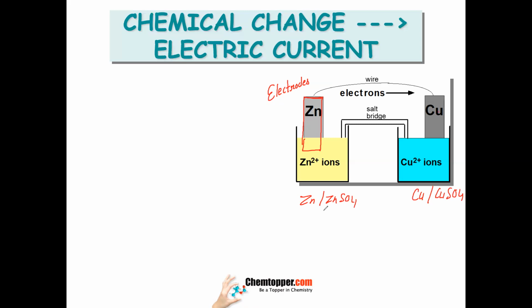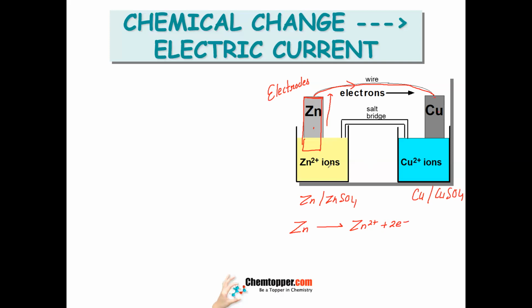Now what happens? You connect these two compartments with the help of wire. The wire is connecting these two electrodes. As you connect them, zinc metal will start losing electrons, giving you zinc 2 plus and 2 electrons. These 2 electrons are coming out and going in the wire.